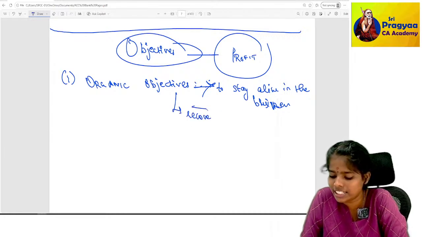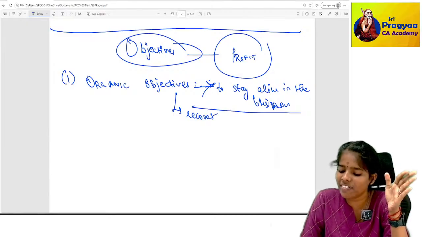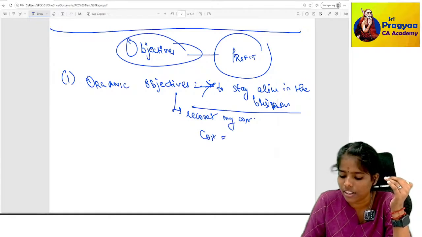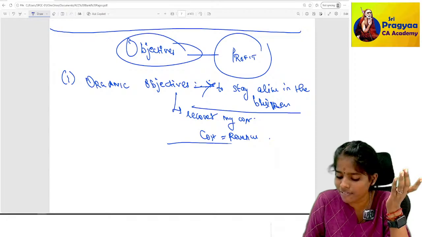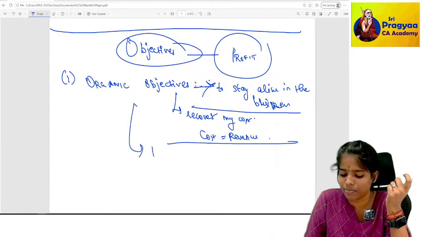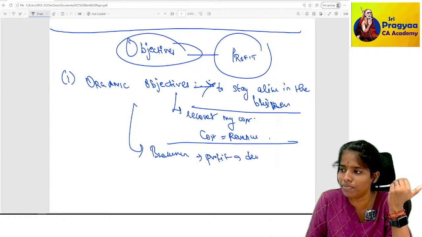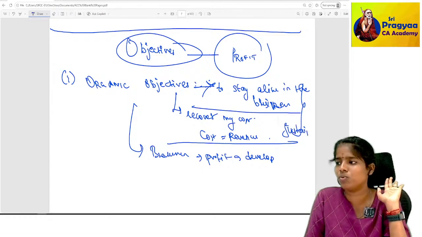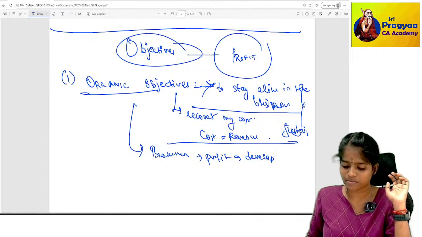Next, first stay in the business. அதுக்கப்புறம் when I sustain in the market, then I will recover my cost. Cost equals revenue. இப்படி இருந்தாலே போதும். That will be my mindset. Then after that, only I will break even பண்ணி, then only I will earn more profit. Only then I will develop my business. அது வரைக்கும் I will only sustain in the market. இருந்தா போதும். That will only be my motive. This is a organic objective.